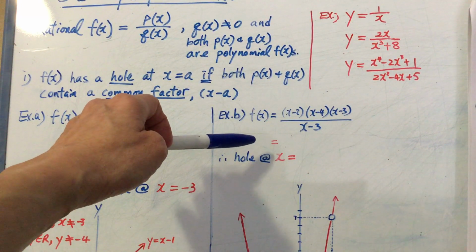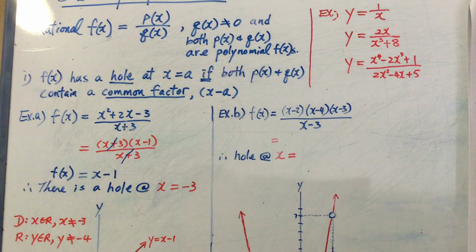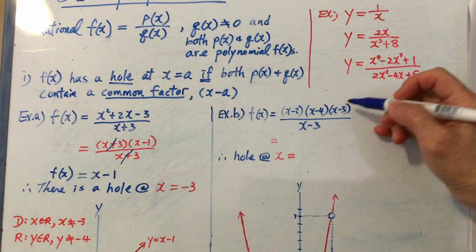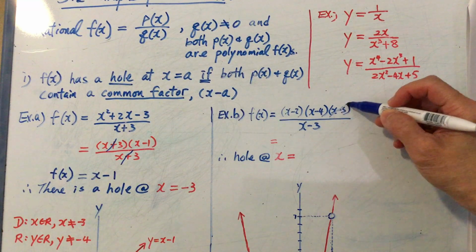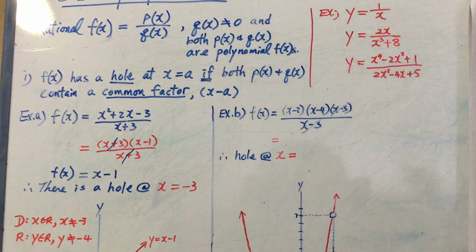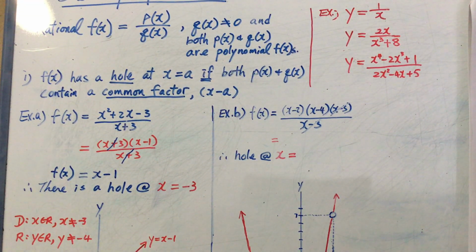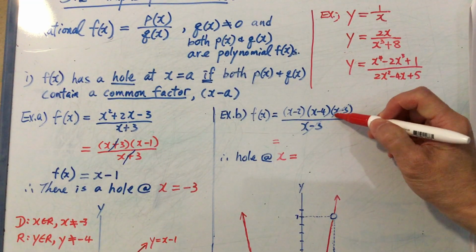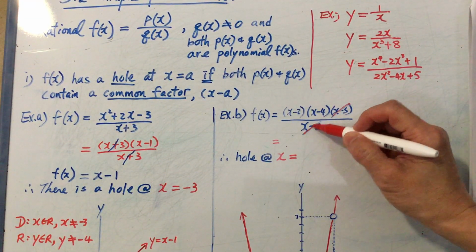In this case, again, we can see that there is a common factor, and this common factor is x minus 3. Sorry, I should be using a red color here, so you can see that. So I'm reducing x minus 3.